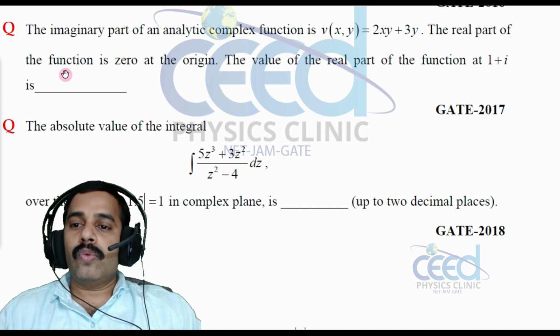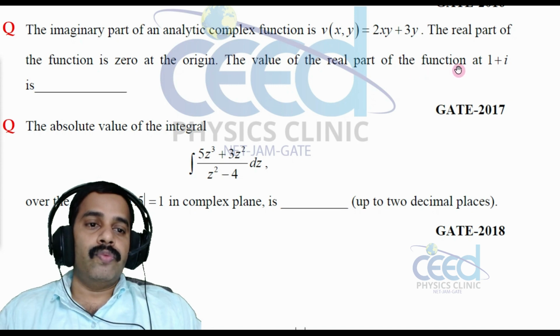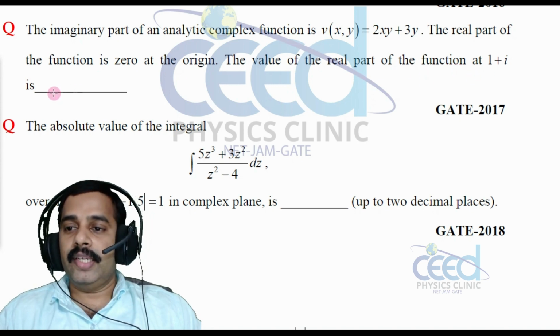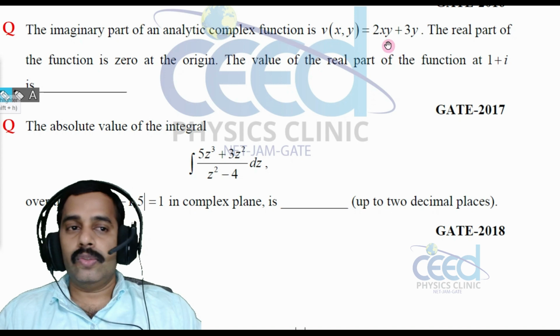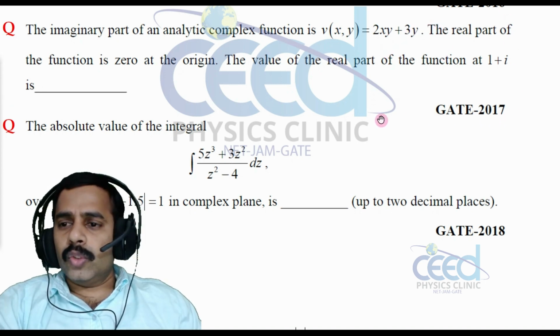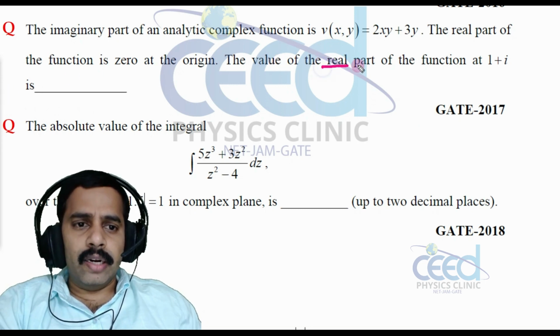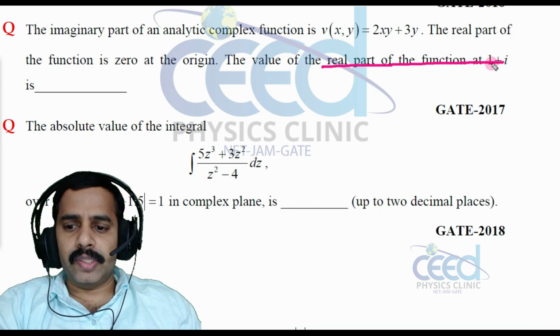The real part of the function is 0 at the origin. The value of the real part of the function at 1 plus i is, right? So in this question, we need to calculate the real part of the function at 1 plus i.